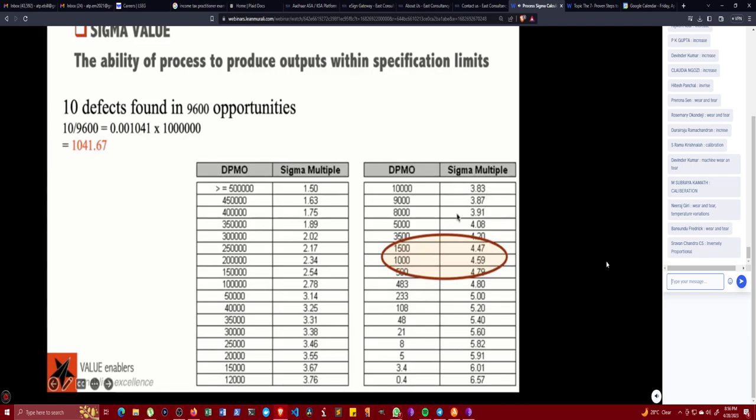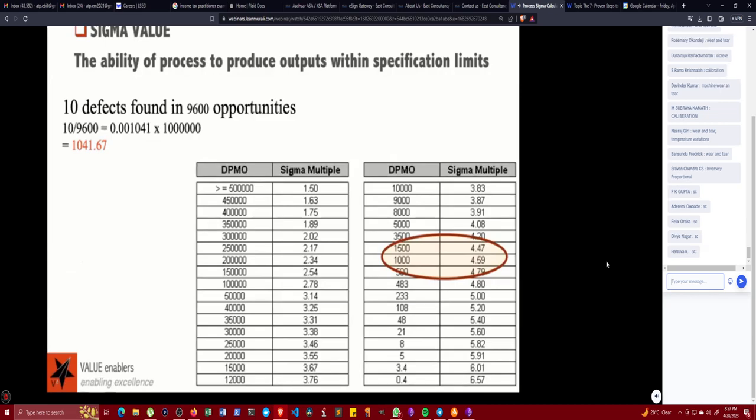So statisticians have told us that if you find 4.5 today, please reduce 1.5, because in the long term it is going to deteriorate, and take that as the long-term sigma value. Long term means over a period of time it will deteriorate, so take that as the sigma value and start working.